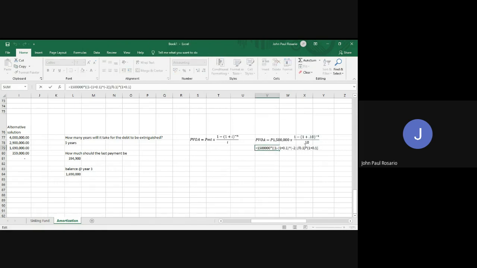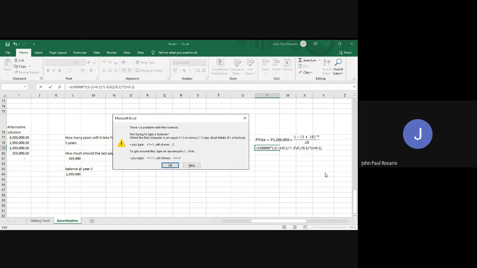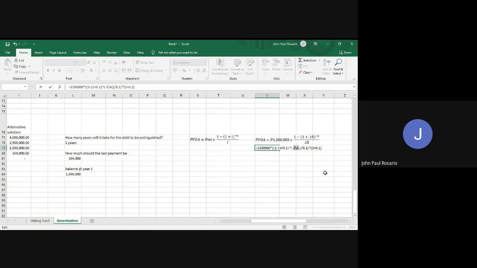Oh wait, negative 3. This one, negative 3. Then if negative 4. Oh, sorry.